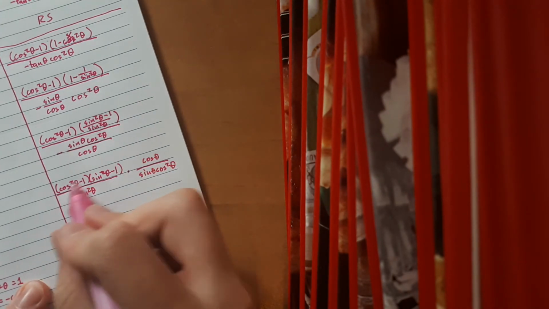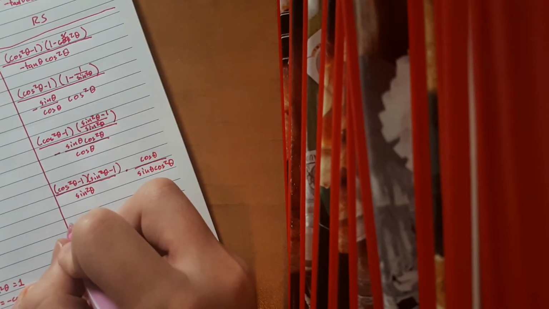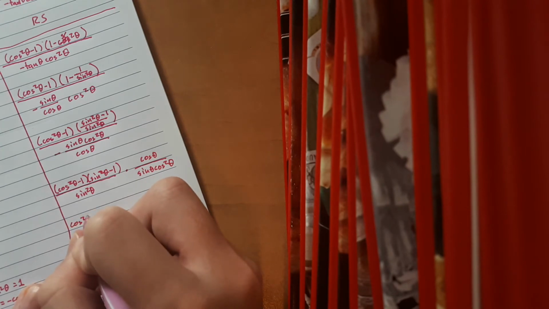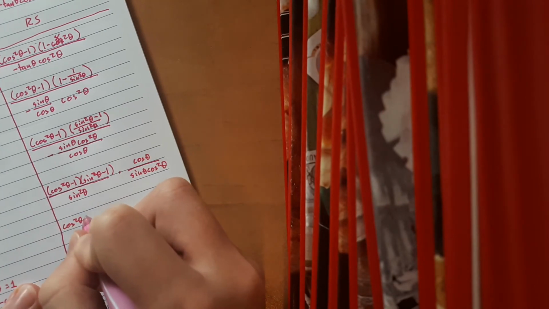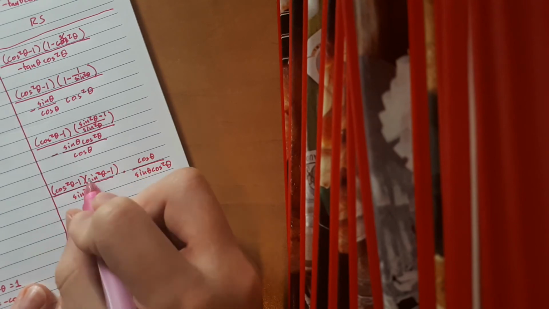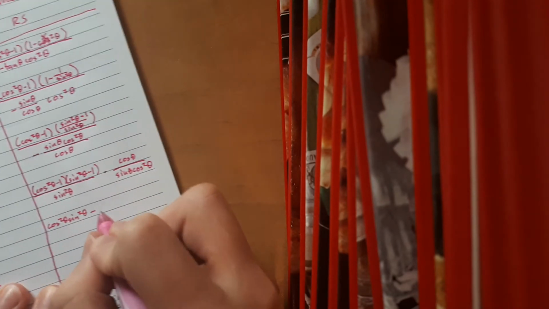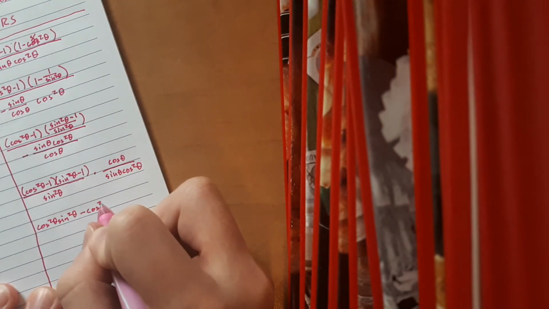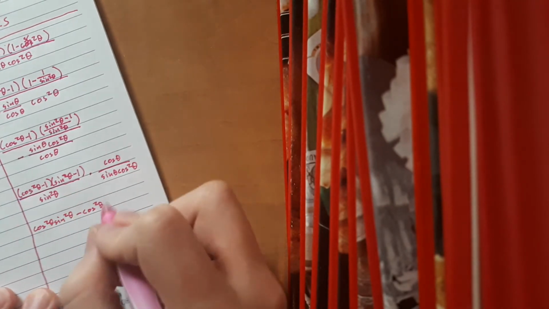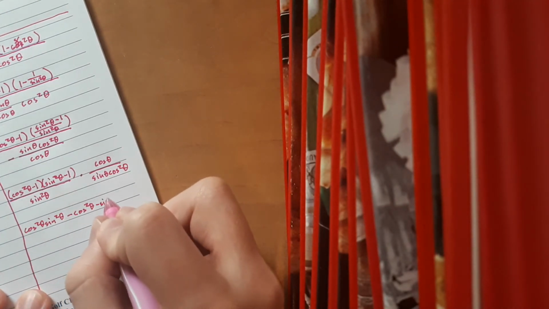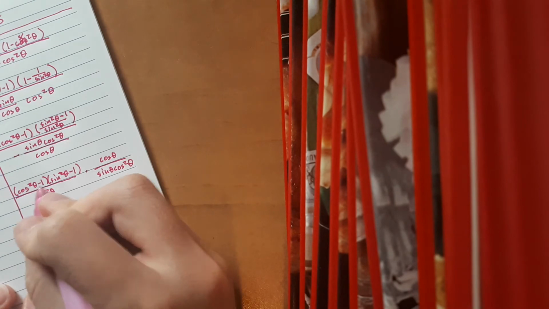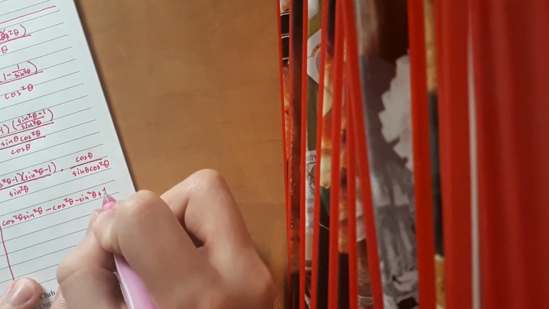Now let's multiply these together. We'll start by expanding these two. So cos squared theta sine squared theta is this. Then minus cos squared theta minus sine squared theta. Negative 1 times negative 1 plus 1.